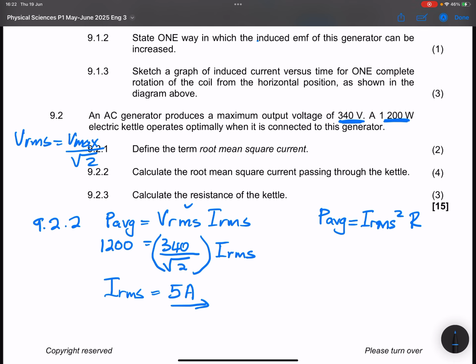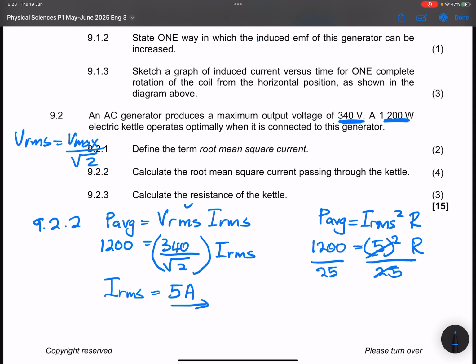It just totally depends on you which one you'd like to use. In this case, it makes sense for me to use this one because I've got the average power. It's 1,200. I've already calculated IRMS, which was 5, squared. I'm going to look for resistance, so let's divide by 25.